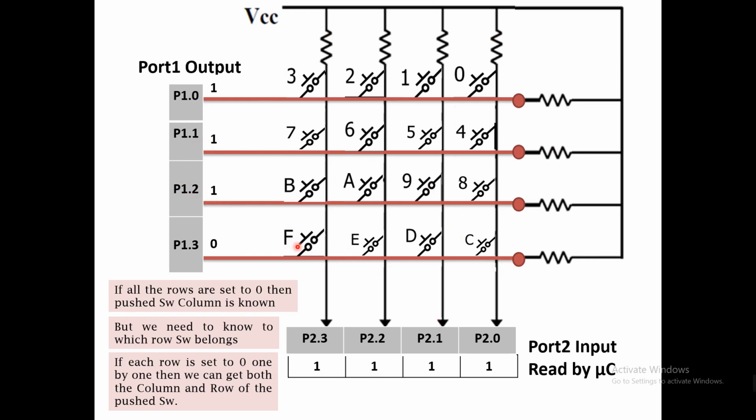The microcontroller first makes this 0 and tries to see if any switch is pressed. Of course, we will not see any changes. Then this row will become 0, and again there is no change because none of these switches is pressed. But when this row is 0, because we are assuming that switch F is pushed, this one will become 0.